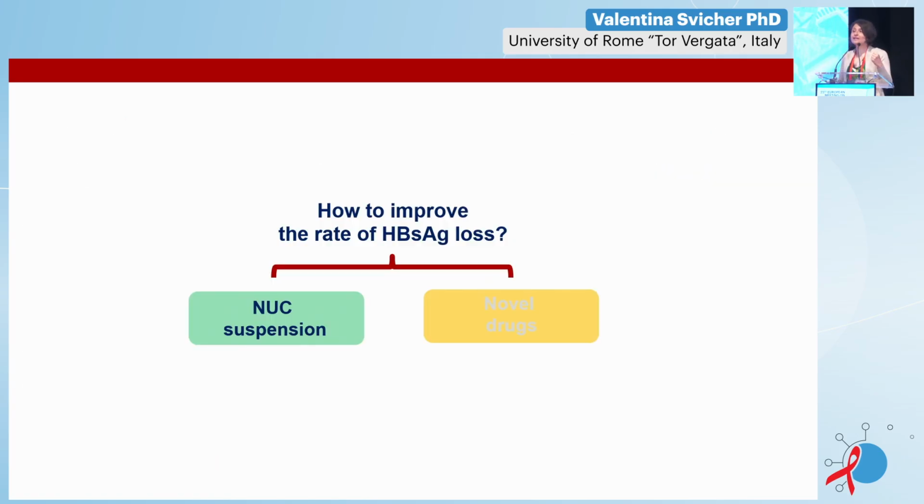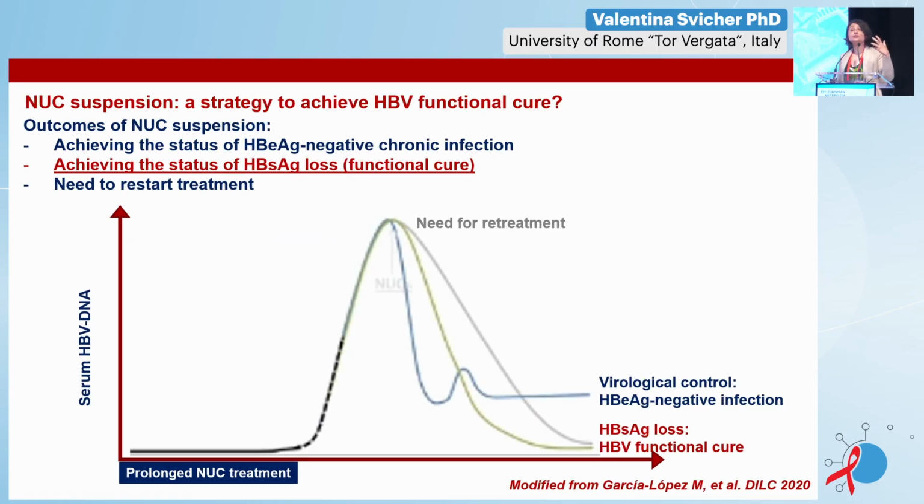Paradoxically, we can increase the rate of HBsAg loss by NUC suspension, by suspending NUC treatment. The rationale underlying this strategy resides in the fact that after a prolonged virological suppression, NUC suspension determines a resumption of viral replication.